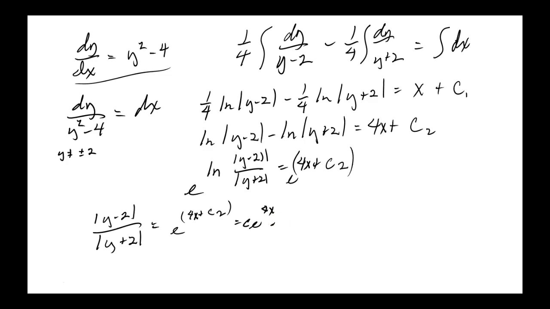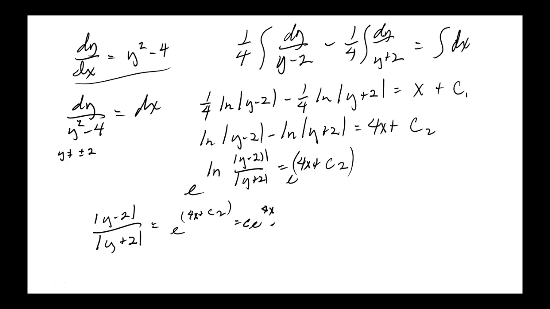Now, a little bit of a problem you have here is the absolute value bars. If that ratio is positive, everything's hunky-dory. But if it's negative, e is never negative, so you'd have to have C being negative then.